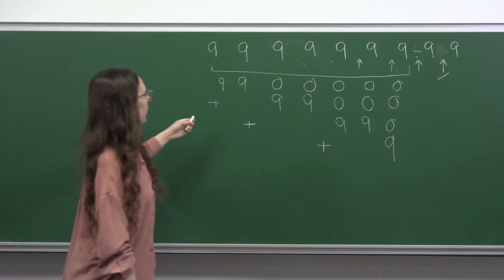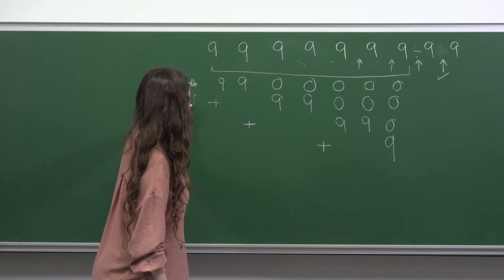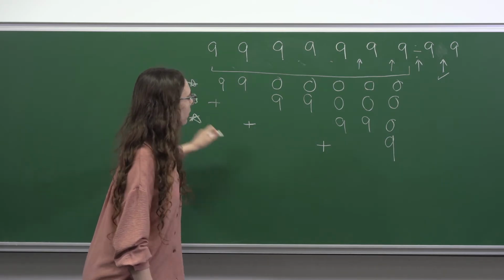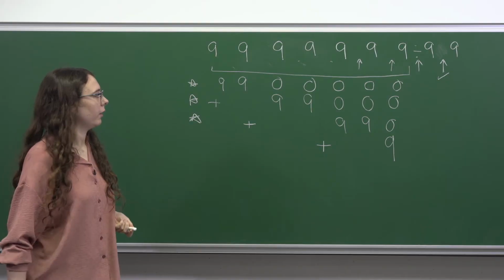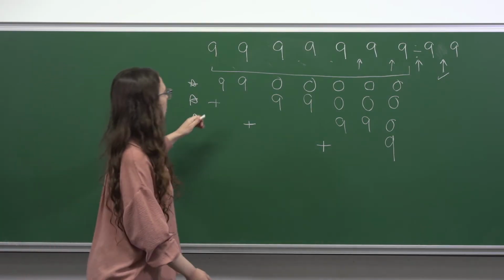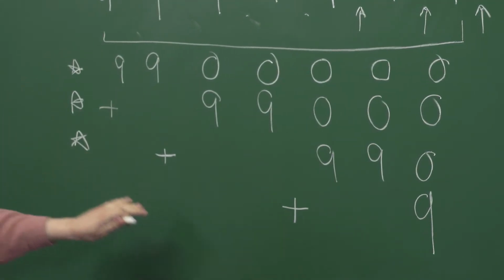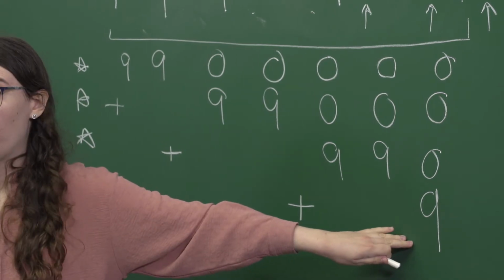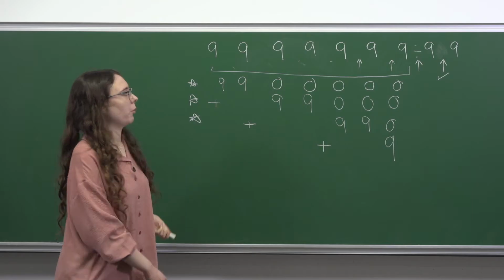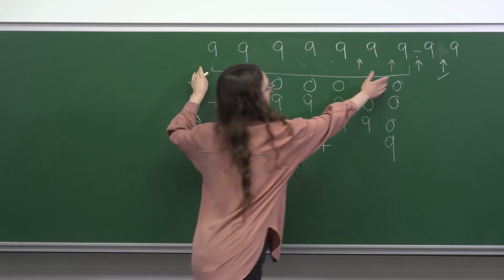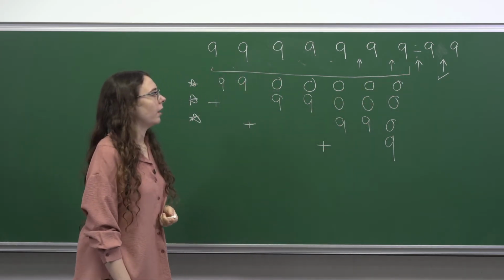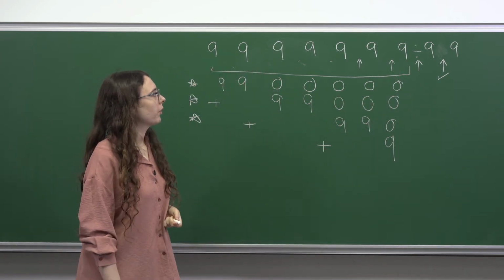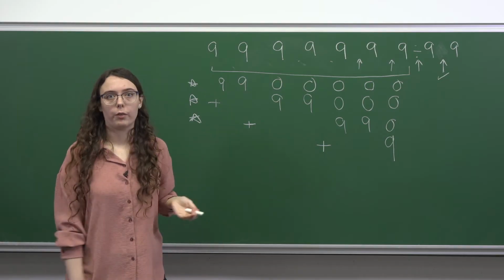Now you'll notice that this number here, this number here, and this number here are all multiples of 99. So we have one big multiple of 99 plus a 9. In other words, if I divide this number here by 99, I get remainder 9. So this calculation here does not give me a whole number.